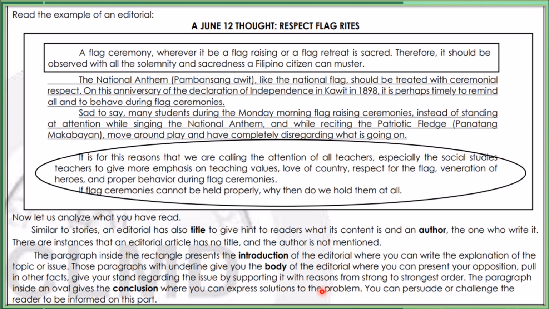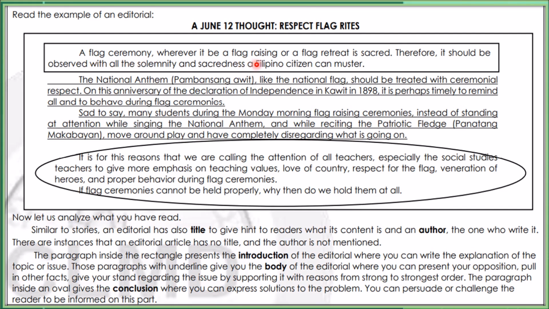Okay? So ulitin ko, ito ang title. Sa box na to, ang tawag dito, ano to, ang parte na to? Introduction. Ito naman, sa naka-underline na to, ito ay body. And this one for the conclusion. Okay? This is the conclusion sa oval. Now, sa una, ulitin ko, title.